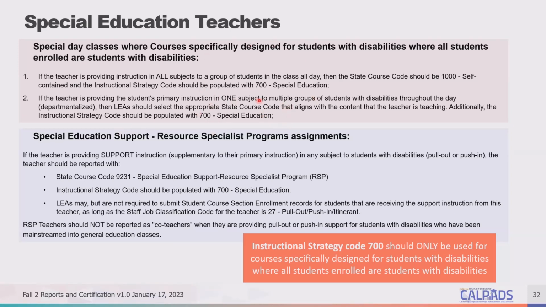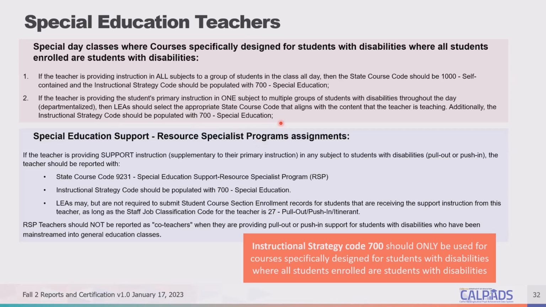You only do this if that class is really for special ed students. Because if you only happen to have a general class and a SPED student happens to be in there, that doesn't mean you have to mark the class as 700.